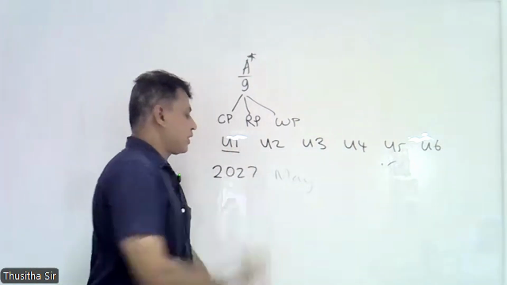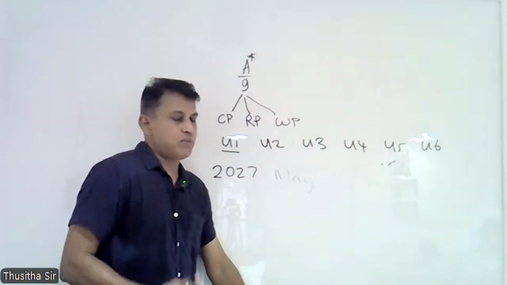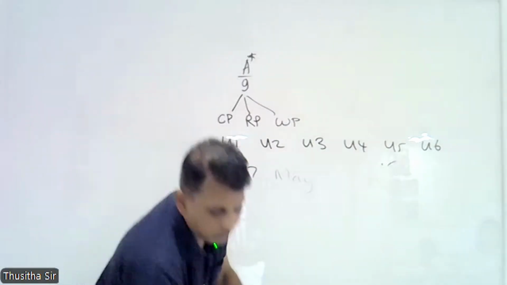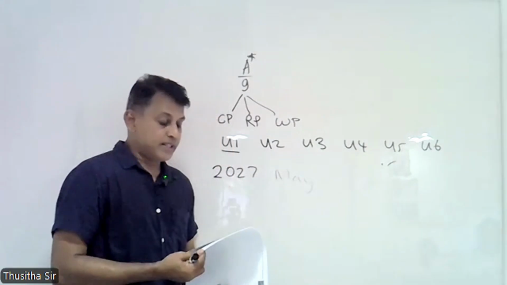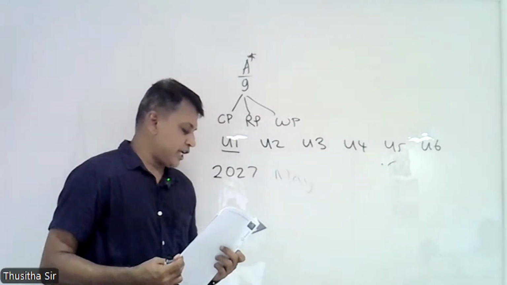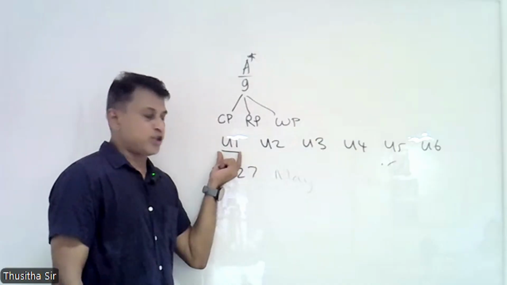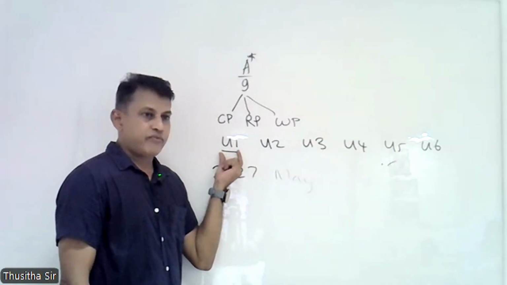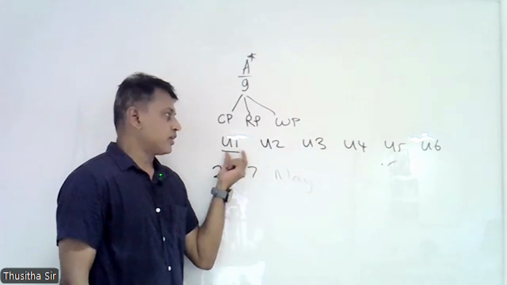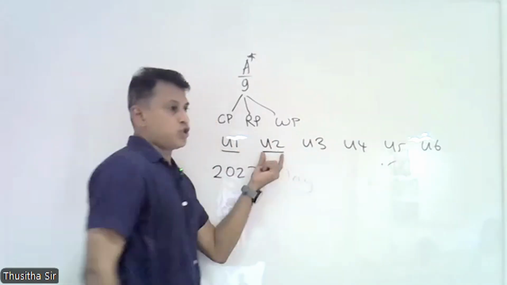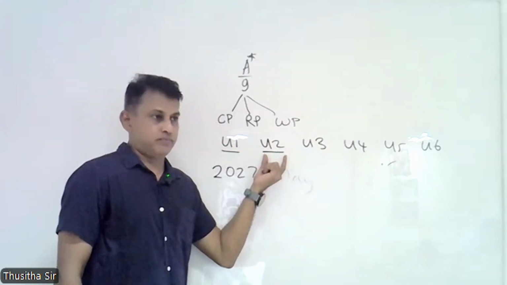Unit 1 is basic biology about the nature and variety of living organisms. Those are very basic concepts of biology that you're going to learn in unit 1. Unit 2 is about the human body.